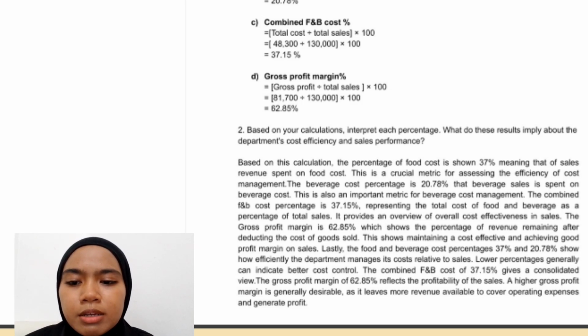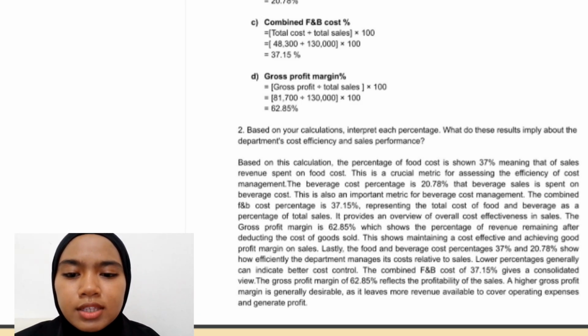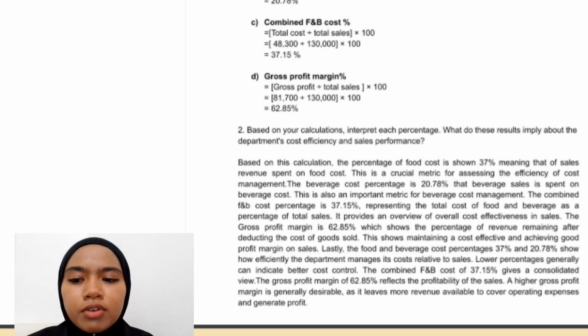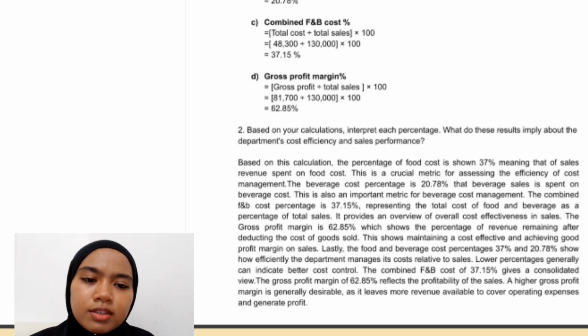The gross profit margin of 62.85% reflects the profit of the sale, and a higher gross profit margin is generally desirable as it leaves more revenue available to cover operating expenses and generate profits.